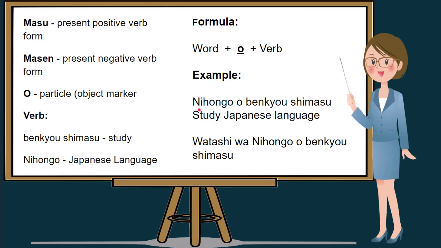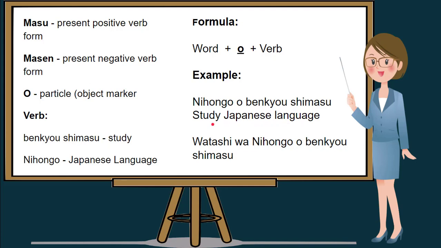So if we translate Nihongo o benkyoshimasu, it means study Japanese language. Let's read this one once again. Nihongo o benkyoshimasu, which means study Japanese language.